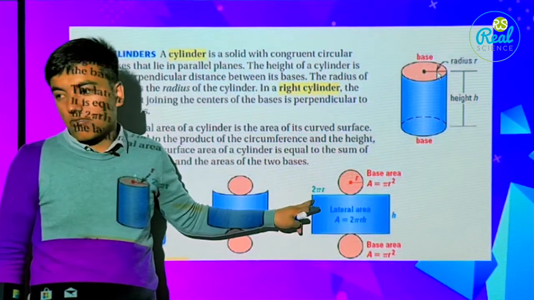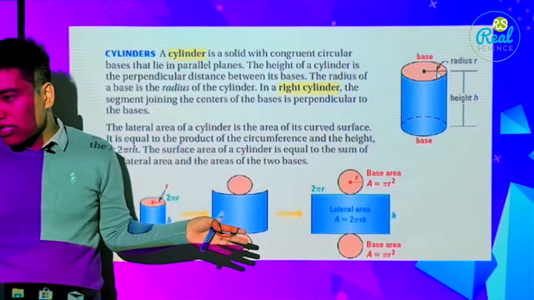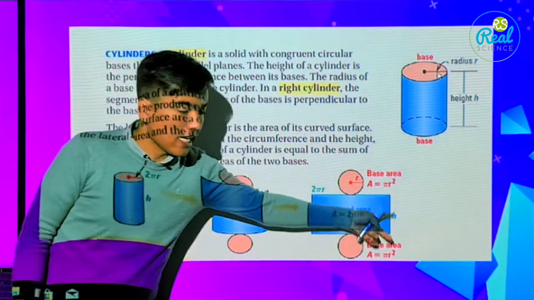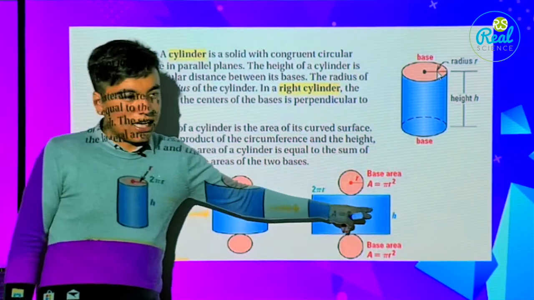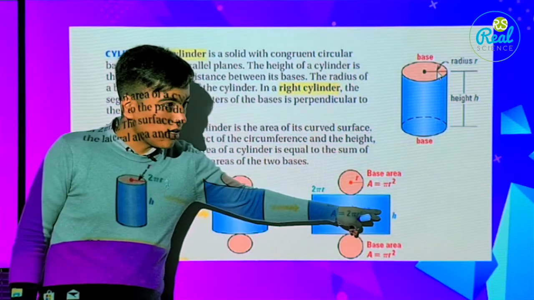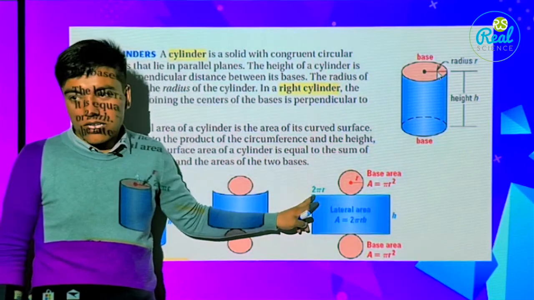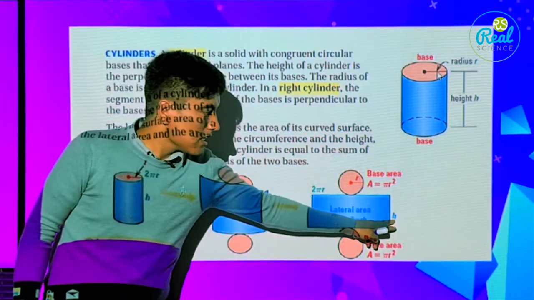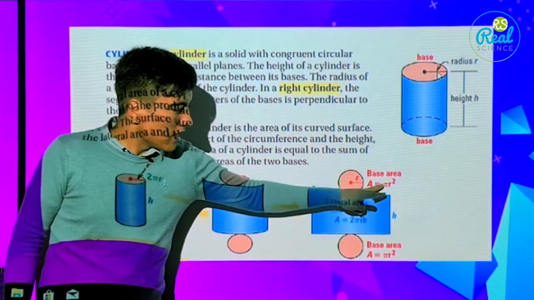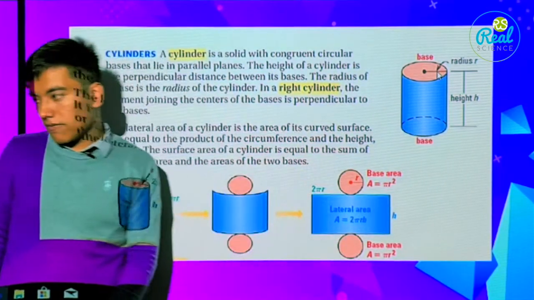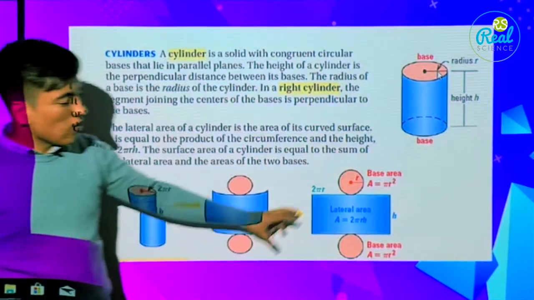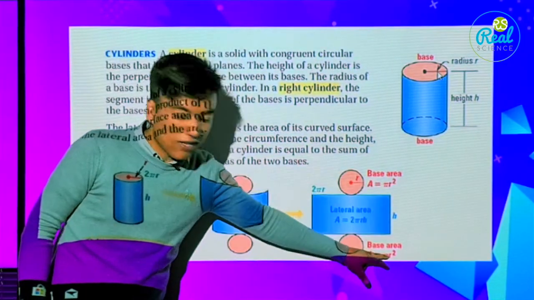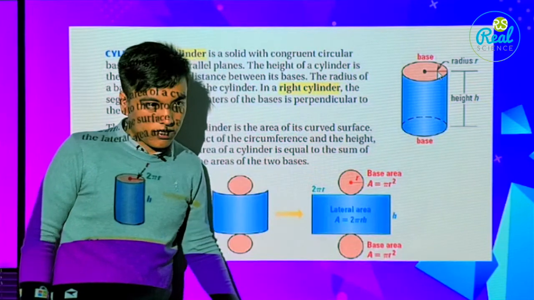What is the area of rectangle? AB. Yeah? B is height. What about this A? A, it's length of circle. Length of circle 2 pi r. 2 pi r times H. Base area, base area. If we add all of this, we'll have surface area.